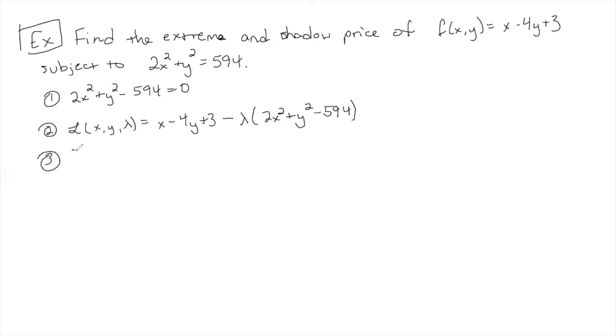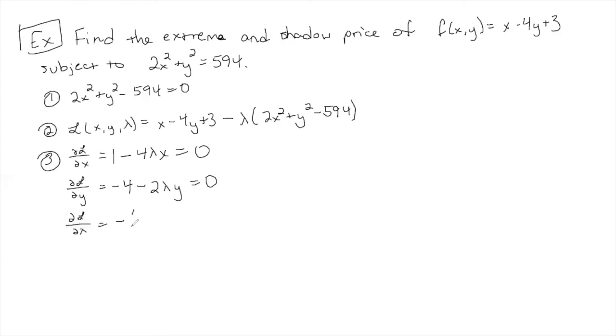And now I start taking my partials. dL/dx is 1. Remember, derivative of x is 1. Everything else goes to 0. I get minus 4 lambda x, and that's all my x terms, so I set that equal to 0. dL/dy is negative 4 from this term, and a negative 2 lambda y from that term.